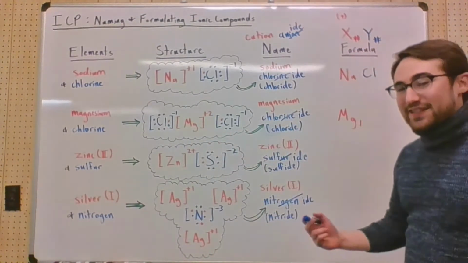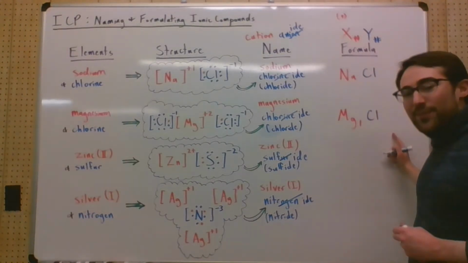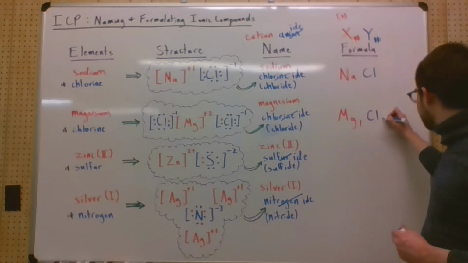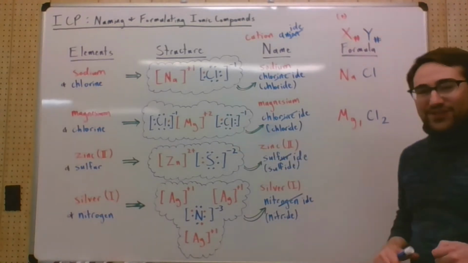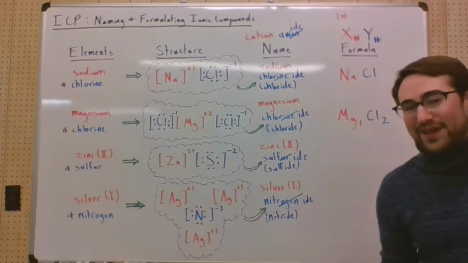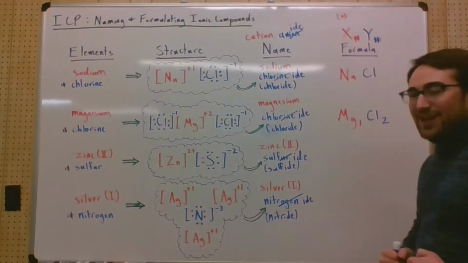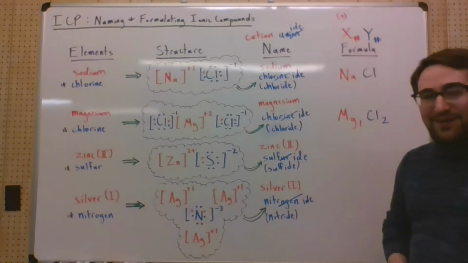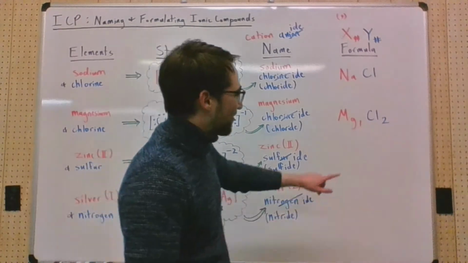So I'm going to write Cl, but I'm also going to put a little 2 down here, because it shows up twice in the structure. I need 2 of them, so I'm going to show 2 of them in the formula. The 1 is implied by writing Mg. There's got to at least be 1, so I'm going to erase that.